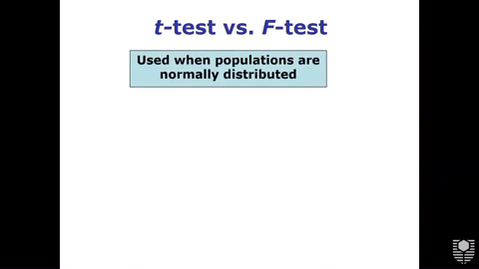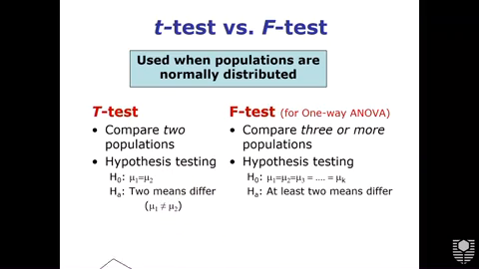Right? See the differences between t-test and f-test? With t-test, we compare just two populations, and the populations are normally distributed. By hypothesis testing, we're going to have three different conditions: whether mu1 minus mu2 is greater than, or less than, or different than some value. Right? So we're going to use plus and minus.